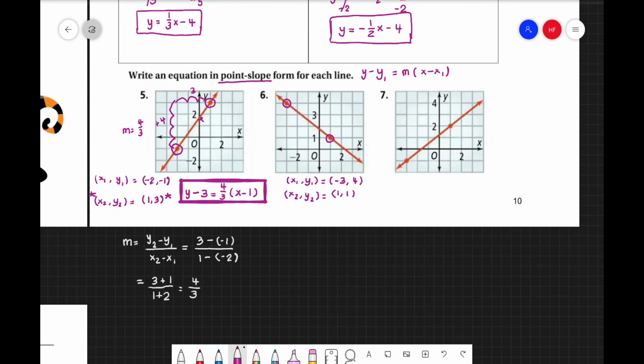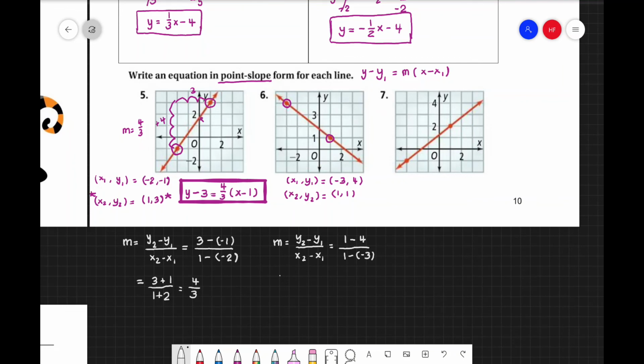So I'm going to use the slope formula again, just so we can get some practice using it. y2 minus y1, so my second y minus my first, and then x2 minus x1. So y2 is 1, y1 is 4, and then x2 is 1, and x1 is negative 3.